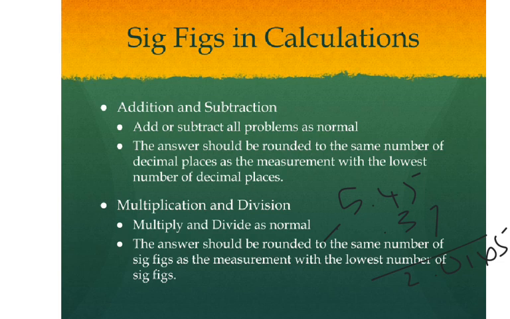Okay, so that's what I got. Now my next rule is the answer should be rounded to the same number of sig figs as the measurement with the lowest number of sig figs. Okay, so if you look here, this has 3 significant figures. This one has 2 significant figures. That means my answer can only have 2 significant figures. Okay, so my answer should only be 2.0.